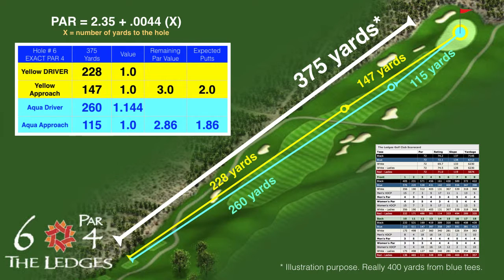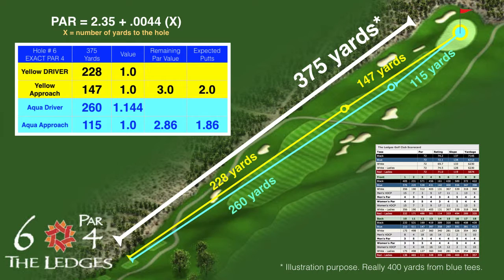The 115-yard par you will be facing for the second shot has a difficulty of 2.35, the component which is constant, plus 0.506, which is what you get from multiplying 115 yards times 0.0044, for a total of 2.86 instead of the 3 strokes remaining from a 228-yard driver.